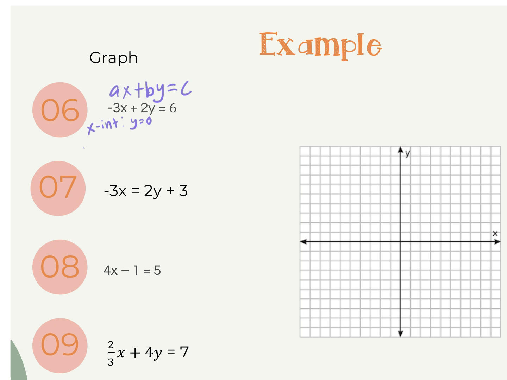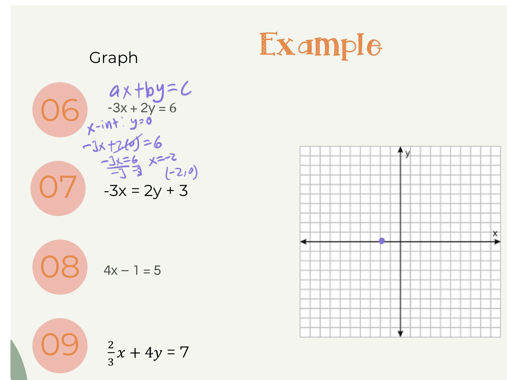So plugging in y equals 0, we get negative 3x plus 2 times 0 equals 6. Then 2 times 0 goes away, and we get negative 3x equals 6. Divide both sides by negative 3 to get x equals -2. So our x-intercept is at -2 comma 0. And we just want to plot that point.